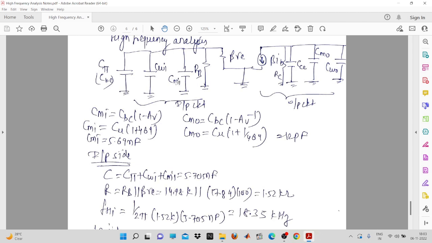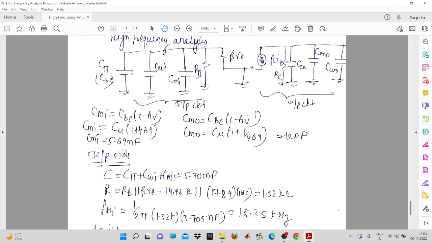When capacitances are in parallel, you add them. So when you add all the capacitances at the input side, you will get the value 5.705 nanofarad.